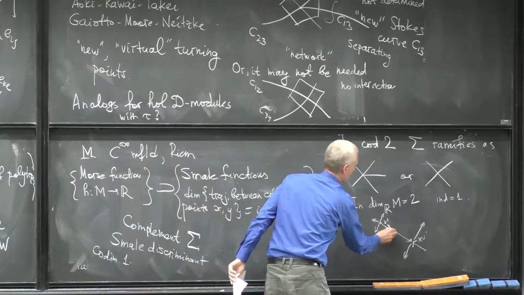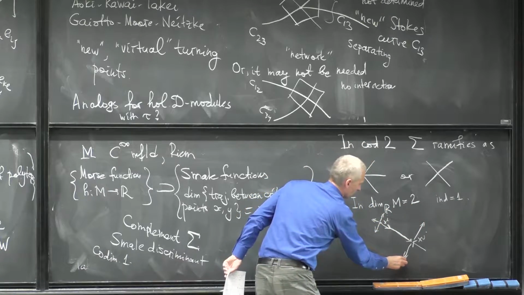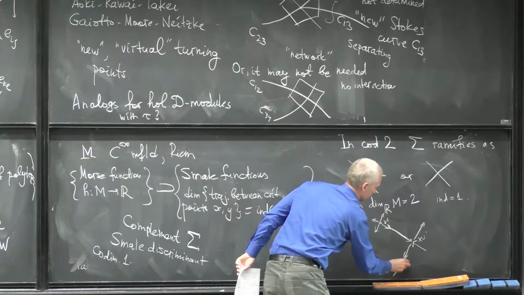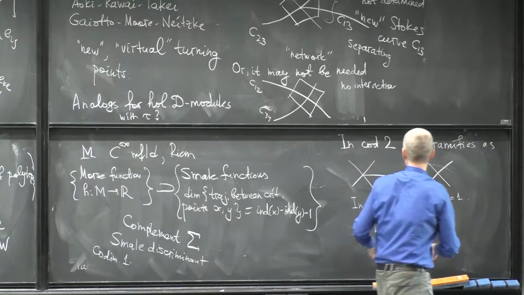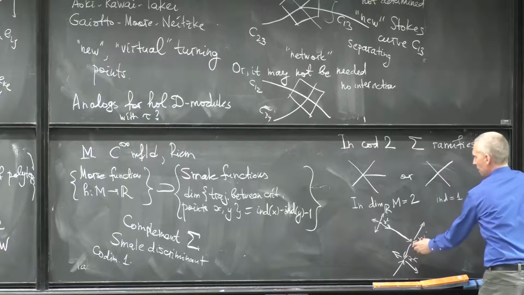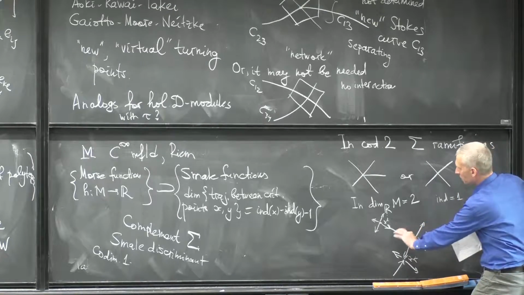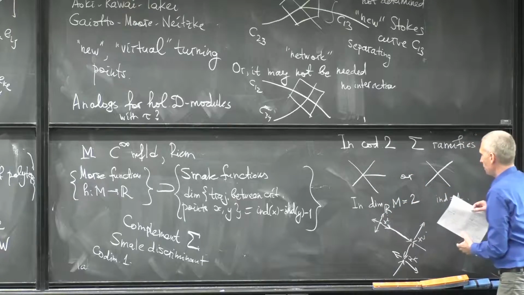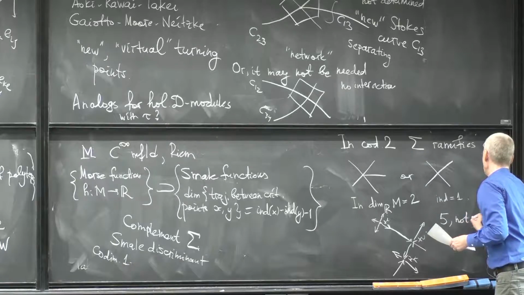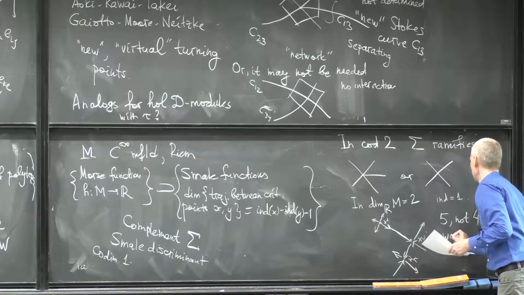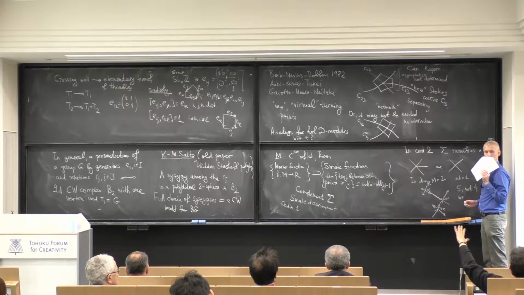So normally we go either this way or this way, but in codimension 2 it can happen that it can go this way to the x_k. So we can break down this in 2 ways, and we can break down this in 2 ways. But in one of those 2 ways, there will still be an additional ambiguity. And therefore, there will be 5, not 4 ways to break this down.